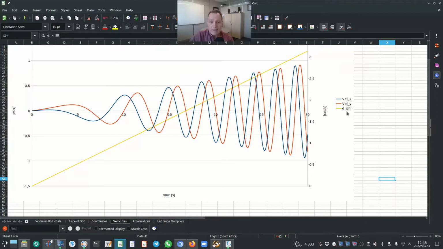The angular velocity of the pendulum rod is what we expect really. We start at 0. This is again plotted on the secondary y-axis. So we start at 0 and we increase linearly as time goes by.